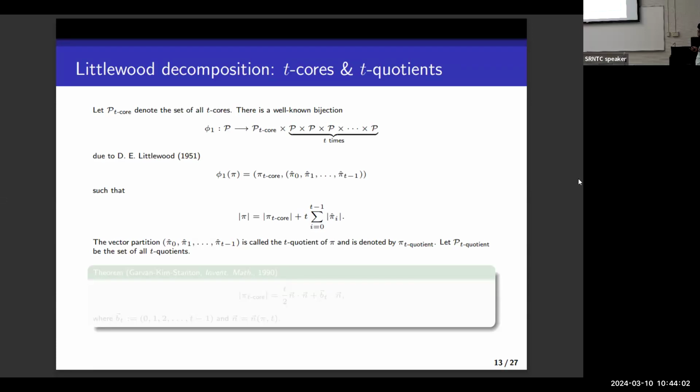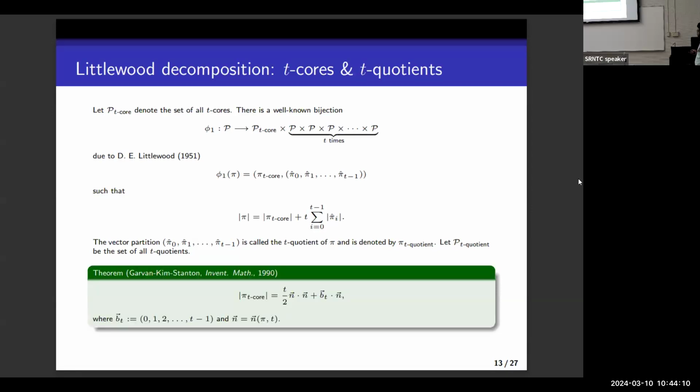And then he calls this vector partition the t-quotient of pi, which we denote by P_t-quotient. And then in 1990, Garvan, Kim, and Stanton, in an Inventiones paper, showed that the norm of the t-core can be computed explicitly using this formula, which depends on the n vector that we learned before. So we will require this formula later on.